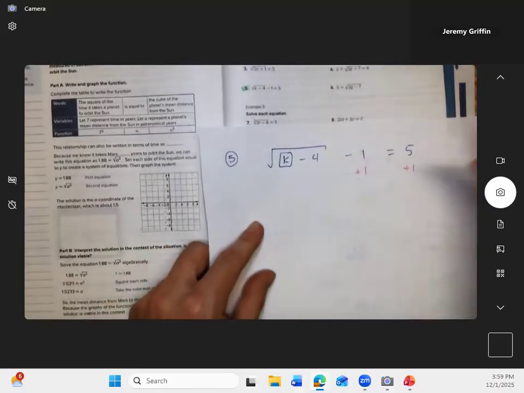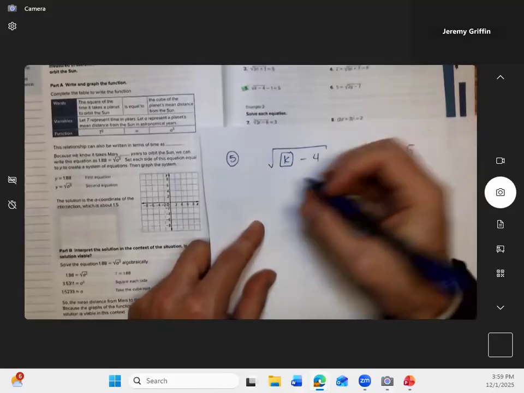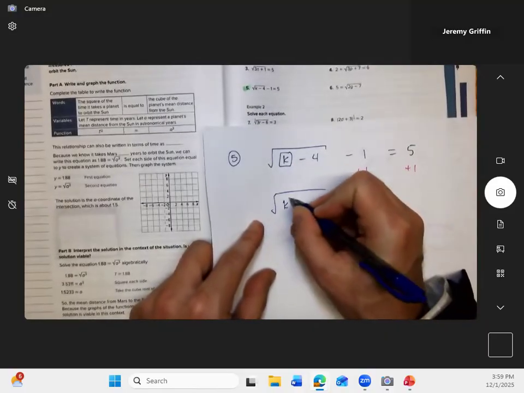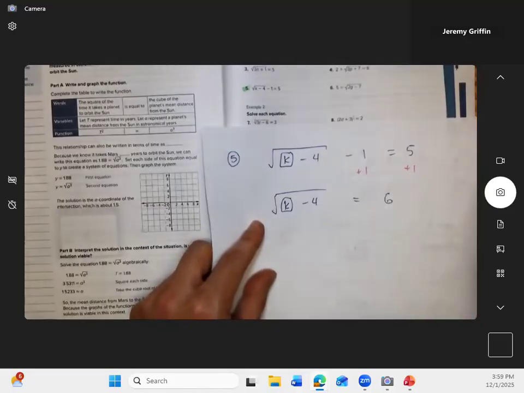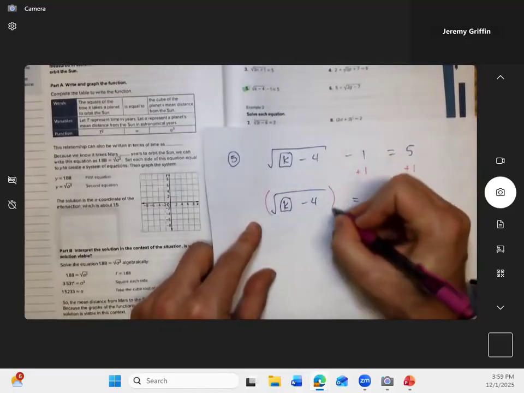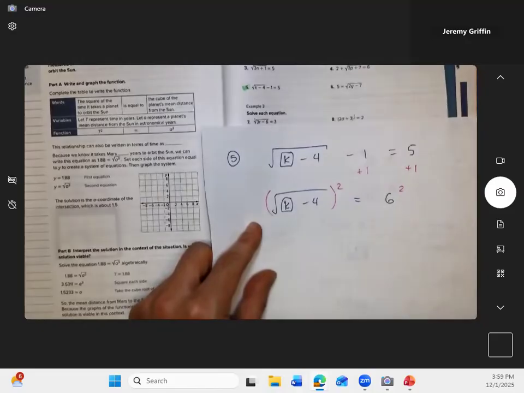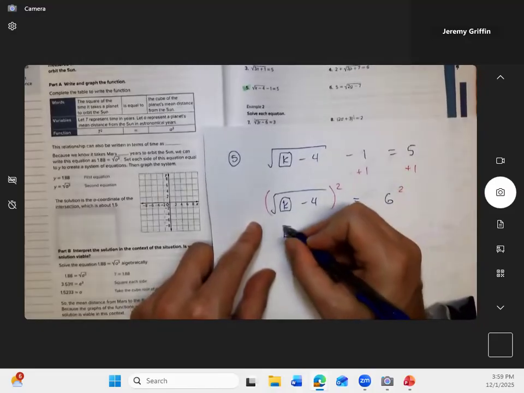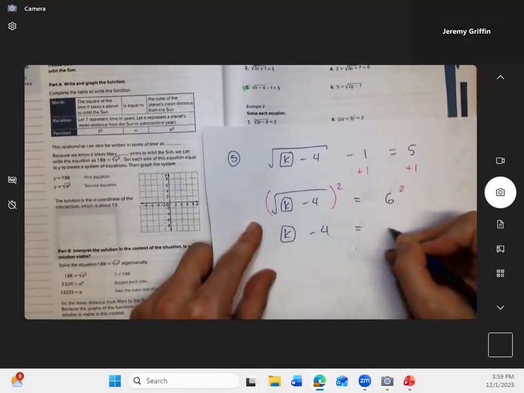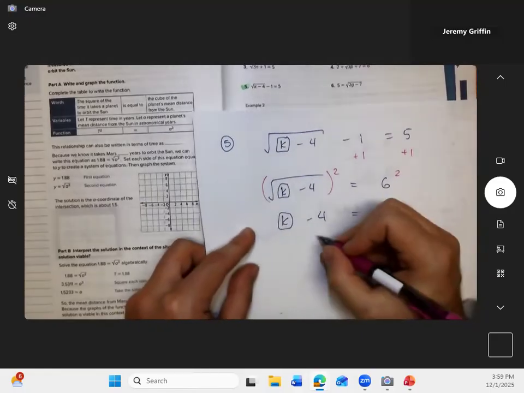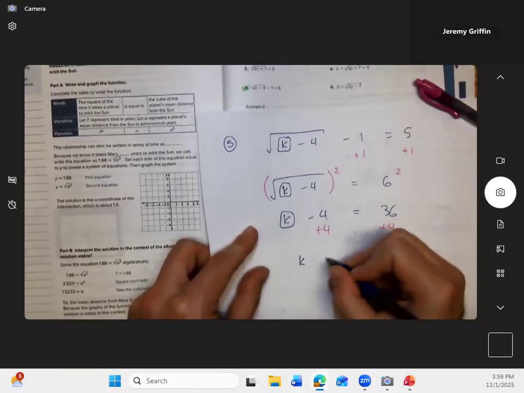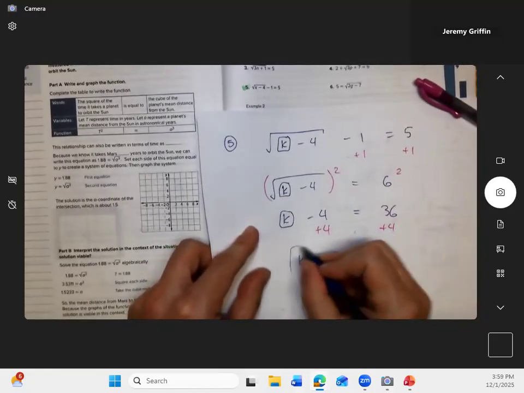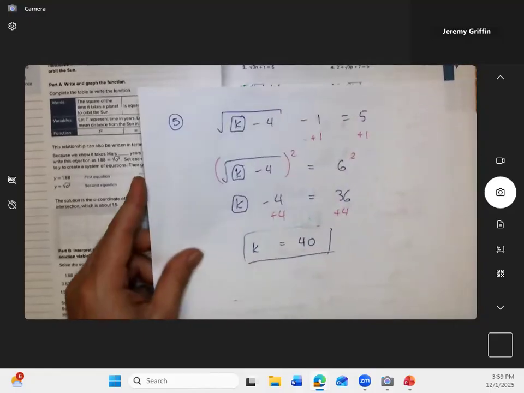So I'll get the square root of k minus 4 is equal to 6. Okay. How about square both sides to get rid of this radical? Square. Okay. So now k minus 4 is equal to 36. And do plus 4, plus 4. k equals 40. Okay. That should be it.